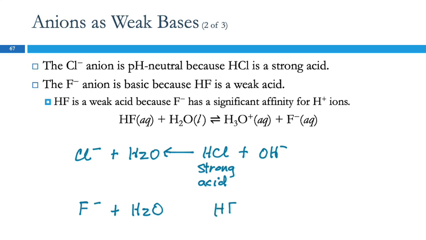It's going to make HF plus OH minus. What kind of an acid? Well, it's weak. So that means that this goes in both directions. This cannot make the solution basic because the reaction doesn't go that way. It's a one-way street. Any questions?